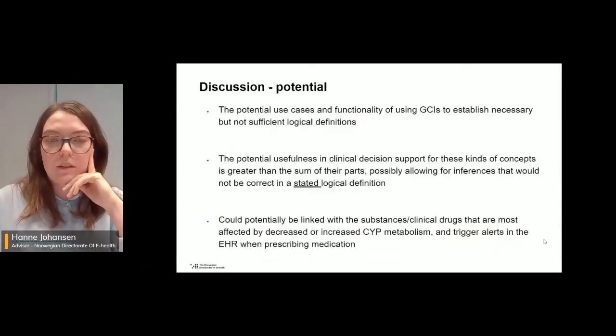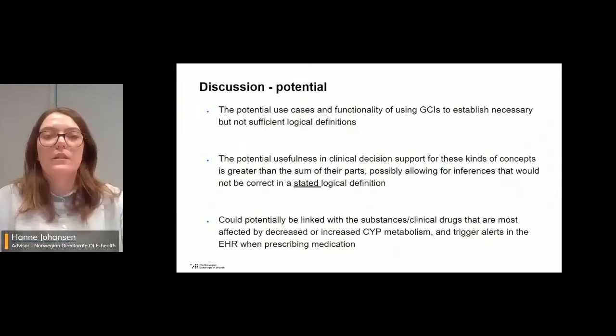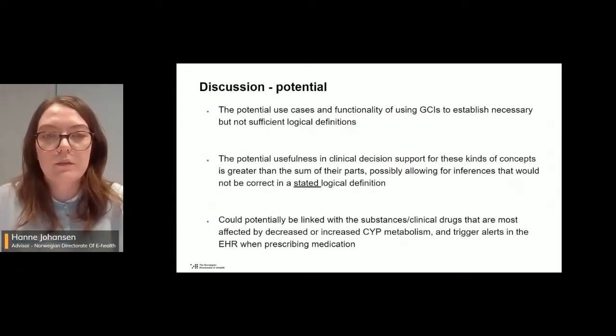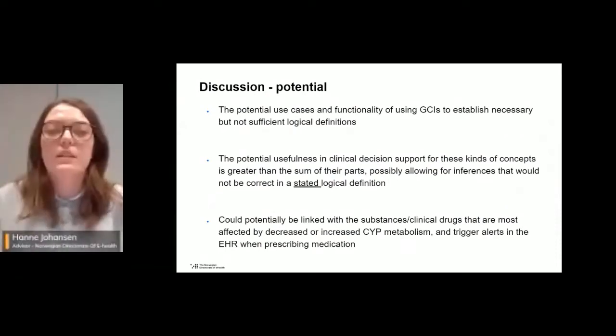We also discussed the potential of this kind of approach. So what we see is that using GCI axioms to establish necessary but not sufficient logical definitions could allow for inferences that are not explicitly stated, and the practical concepts could give us the possibility of stating relations that are true and yet not necessarily constant, as in the case with the phenotypes and the SNP metabolism.